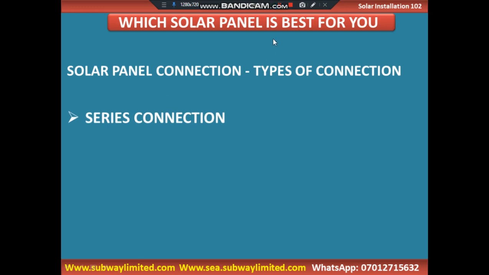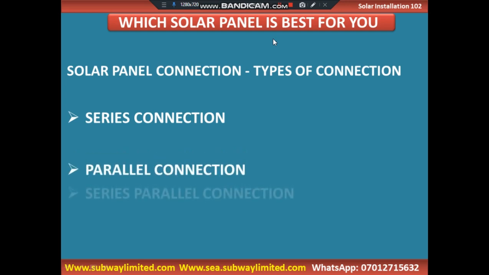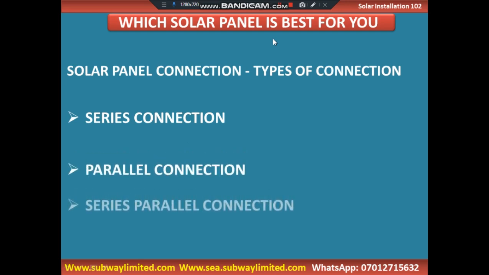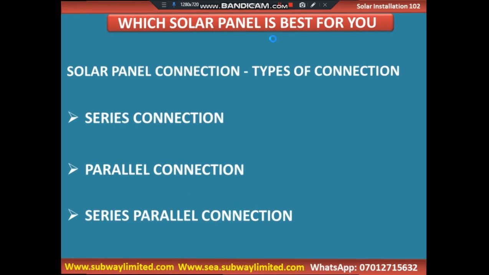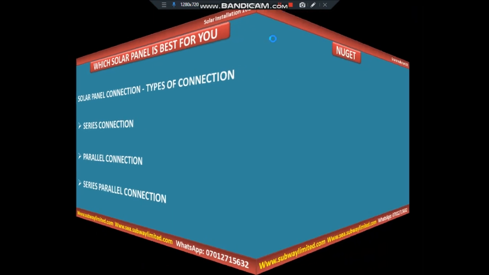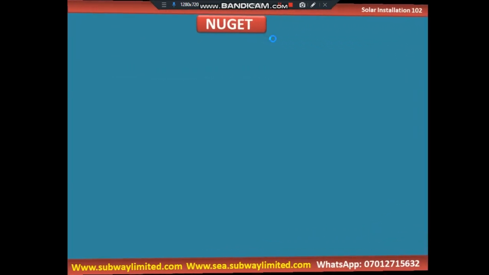Then we have the parallel connection, and we have the series parallel connection. We will do justice to this by throwing more light on these types of connection and how it affects the performance of your installation. But before then, let's look at our nuggets.